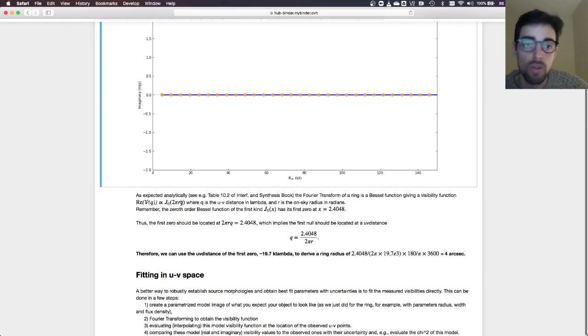So q is the UV distance, r is the radius of the ring in the image plane. So basically, the first 0 of the Bessel function tells us what the radius of this ring is in the image plane.